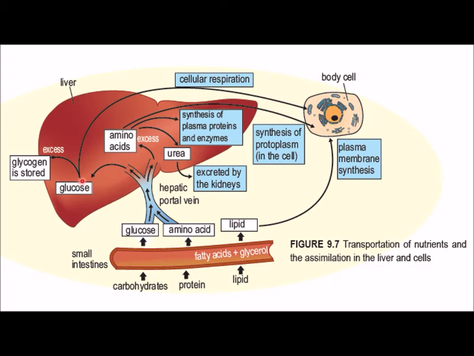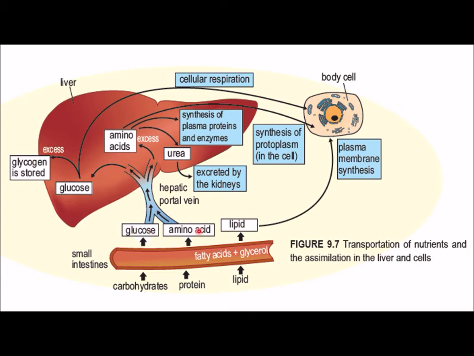If the glycogen has been stored to the maximum, so there is excess glycogen, the glycogen will be converted into fats and stored under the skin in the adipose tissue. This is what happens to glucose in the liver, the first place.